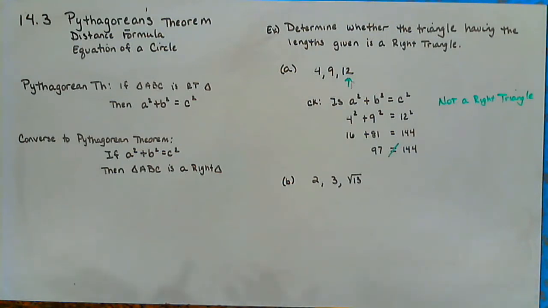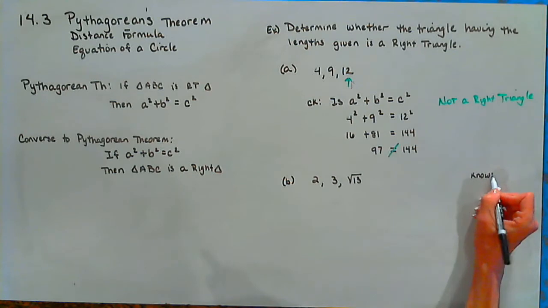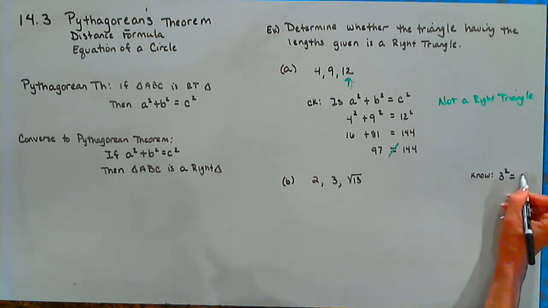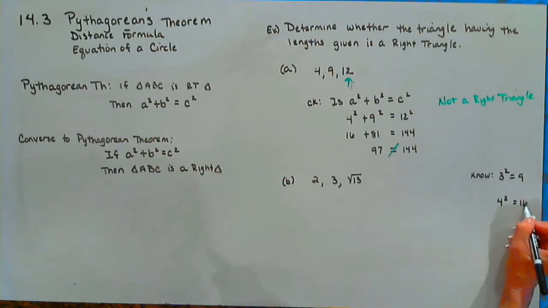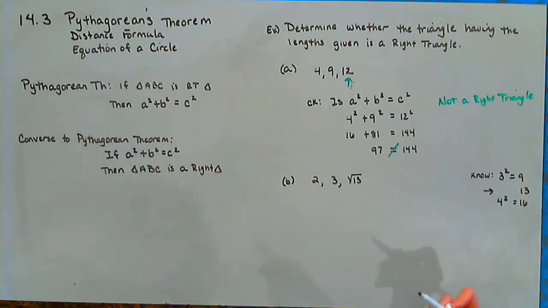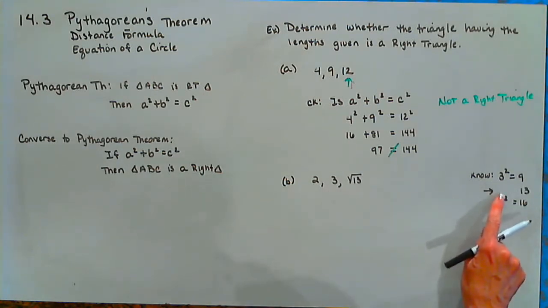If you're not sure what the square root of 13 is, of course we could put it in a calculator, but we could also check, because we know that 3 squared is 9, and we know 4 squared is 16. So 13 falls somewhere between 9 and 16. So my answer's got to be somewhere between 3 and 4. And so it looks like the square root of 13 is the largest of the three, because it's bigger than 3, but it's less than 4.